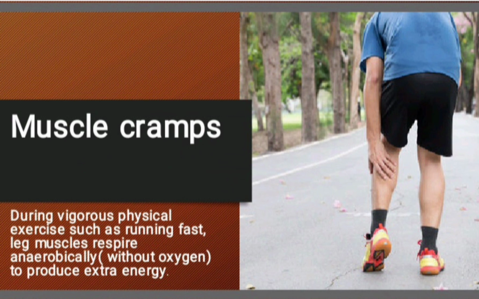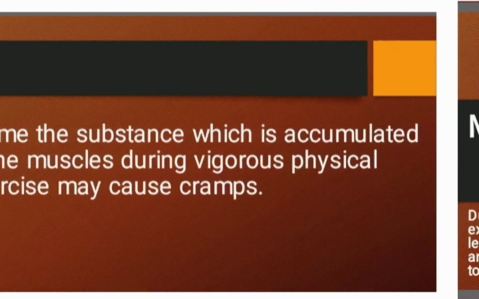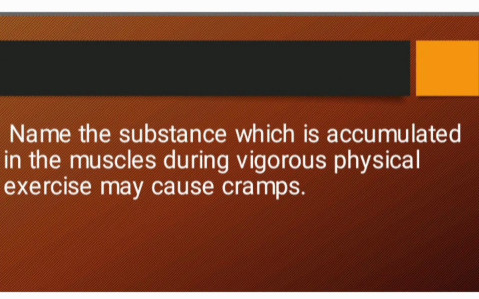Why is it so? To produce extra energy, and oxygen supply is less. So we can say that muscle cramps are caused because the demand of energy is more and the supply of oxygen is less. So in order to fulfill that, muscle cells start respiring anaerobically.